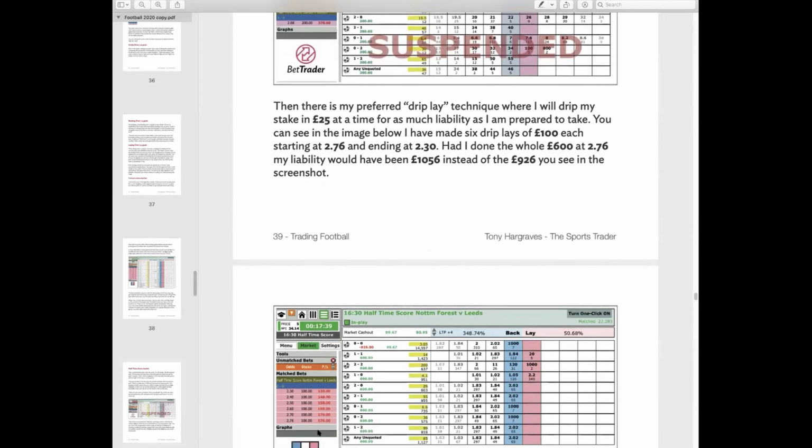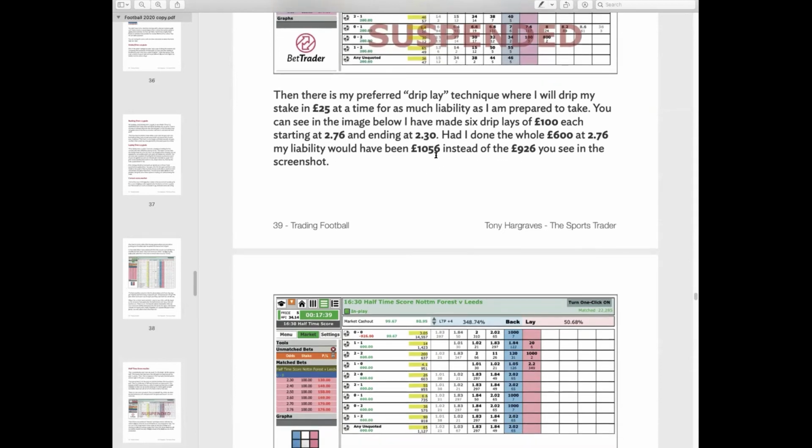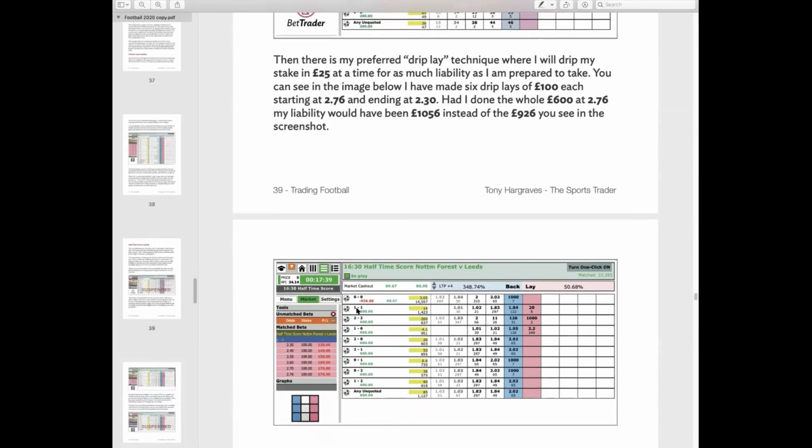So in this one below here, I've made 6 drip lays of £100 each, starting at 2.76 and ending at 2.30. Had I done the whole 600 at 2.76, my liability would have been £1,056 instead of the 926 that you see here.